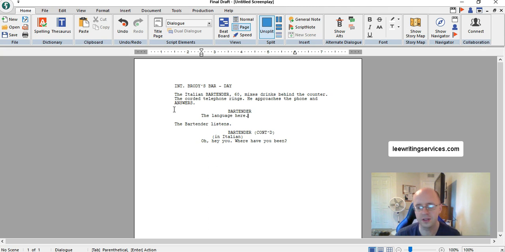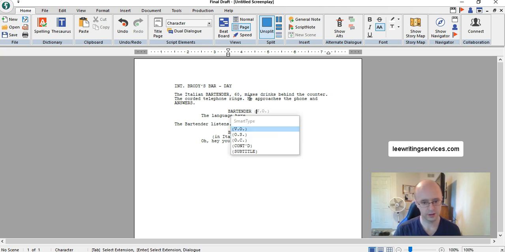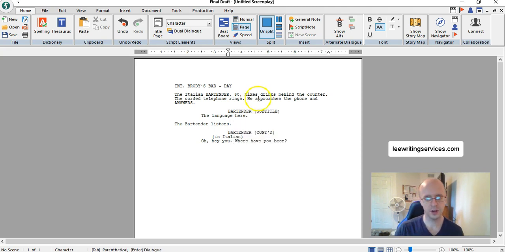I don't know Italian, so I can't show you the example, but you could write the actual Italian text here and not use the parenthetical. However, if you want it to be subtitled, you'd still have to put that. So that would be the subtitle in English of this. Now, if this is written in Italian, the subtitle will still be written in English. This is only so you don't have to put the parenthetical. If you write out the actual language, you don't have to put the parenthetical. So that's all that means.